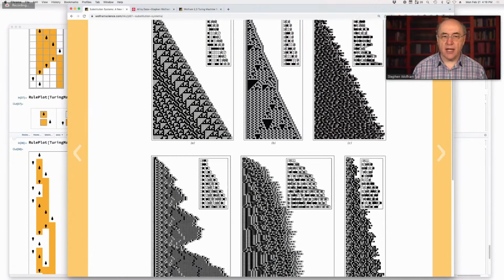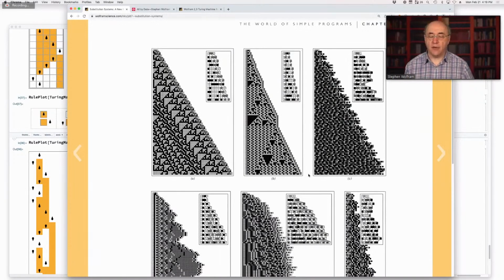In the case of neighbor-independent substitution systems, all you can ever get is nested patterns. They are the one example in chapter 3 of a system that does not have the capability to go full Rule 30, Rule 110, and engage with the principle of computational equivalence.